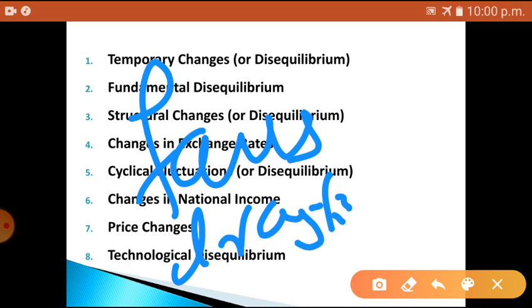But if there is a fall in exports, maybe more than that of imports, due to declining production.